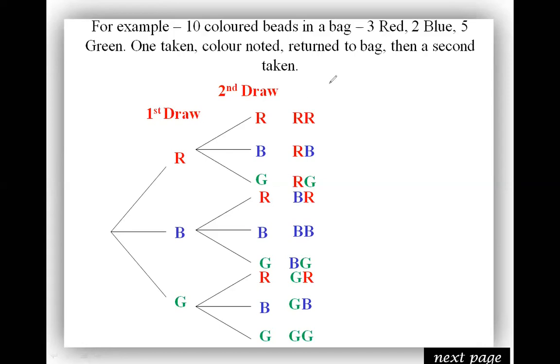Good, Aisha. So this is the list of the sample space of the combined event. Okay, the tree diagram ends here.